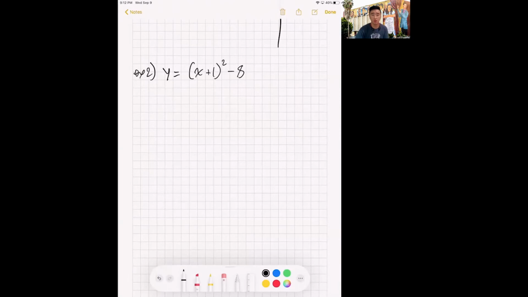Pause real quick if you want to pause and figure it out. Okay, I'm assuming that you already paused and that you tried it out. So again, this becomes -1, and this stays as -8, right? So that's your vertex coordinate, okay?